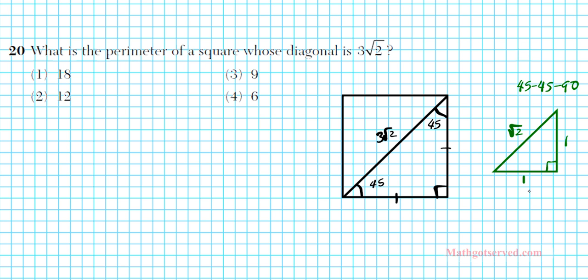Okay? So these two triangles are similar, which means corresponding size and proportion. So if this is 3 root 2, what do you think the measures of these two sides are going to be? This side corresponds to this side, right? So what happened to the standard 45, 45, 90 triangle to get to this? We scaled up the hypotenuse by a factor of 3.